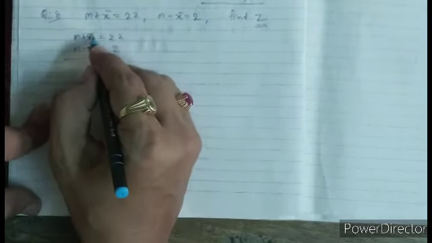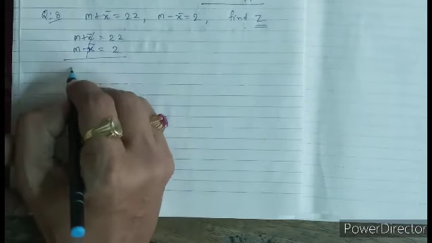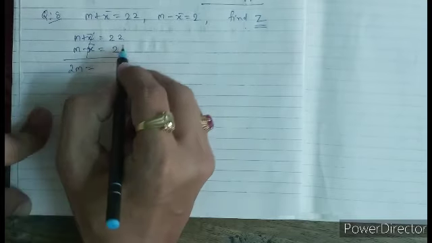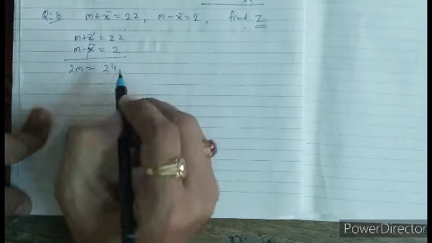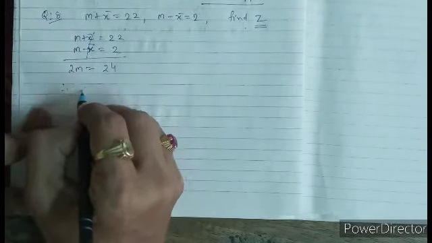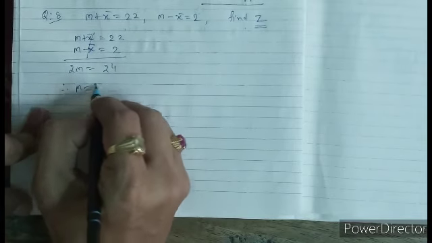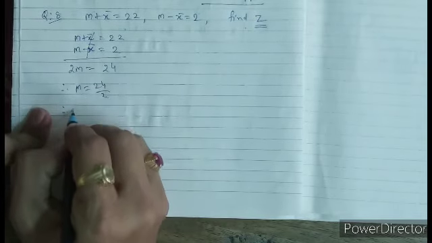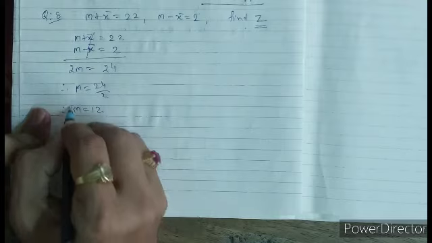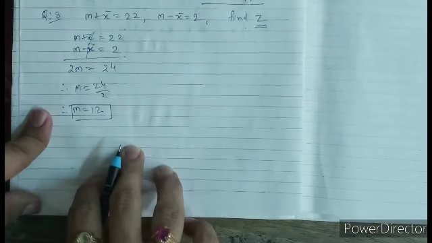So positive and negative x can be eliminated. m plus m equals 2m. 22 plus 2 is 24. Therefore we got 2m equals 24. Therefore m equals 24 divided by 2. So m equals 12. This is the value of m.